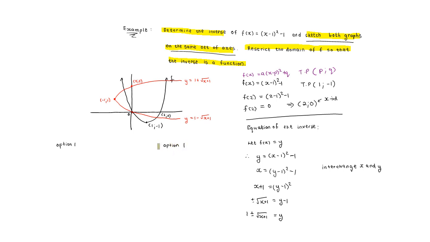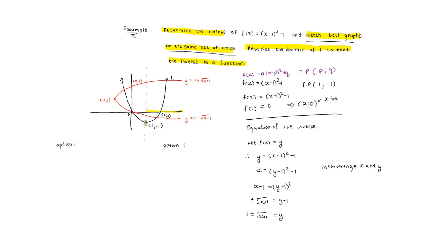Option 1 is to go to the turning point of the original function. If I draw the line of symmetry there at x equals 1, let's only consider all the x values greater than 1.